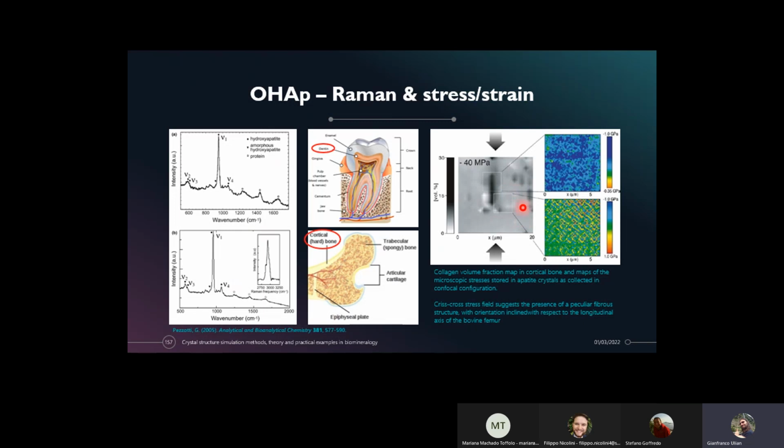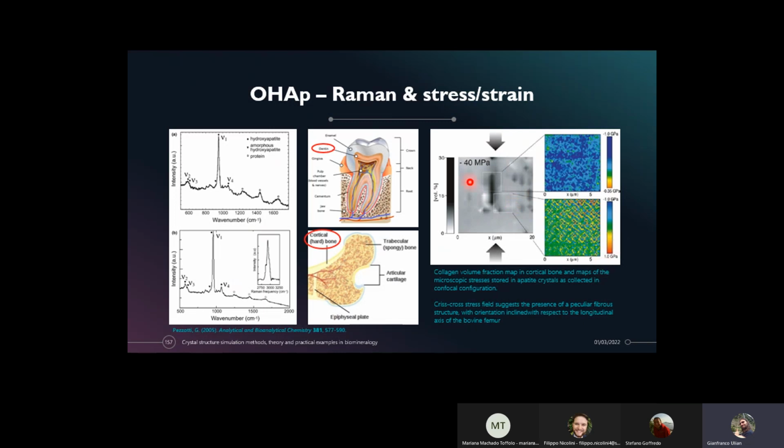What you can see here is, for example, a cortical bone sample that was analyzed on one side here to calculate the collagen volume fraction. And here you can see a map that correlates the position of the Raman peaks, which was translated into a residual stress.